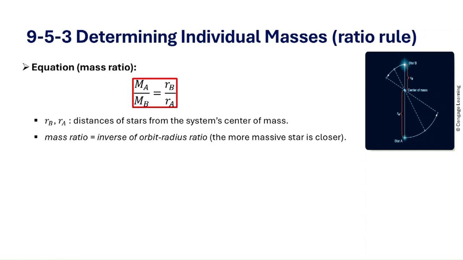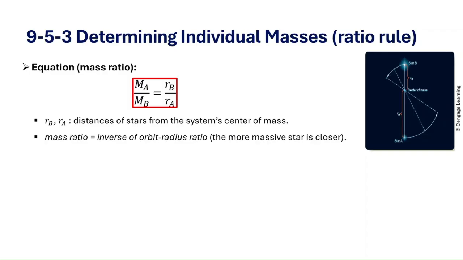So the equation is MA over MB equals RB over RA. Here RA and RB are the distances from the center of mass to star A and B. So in words, the mass ratio is equal to the inverse of the orbit radius ratio. The more massive star sits closer to the center, so it has the smaller r.